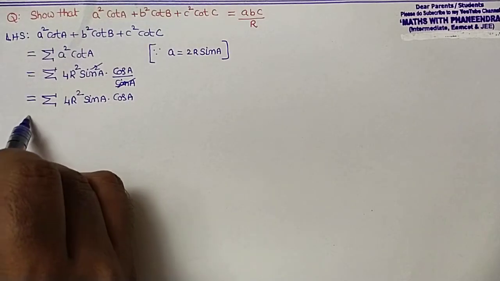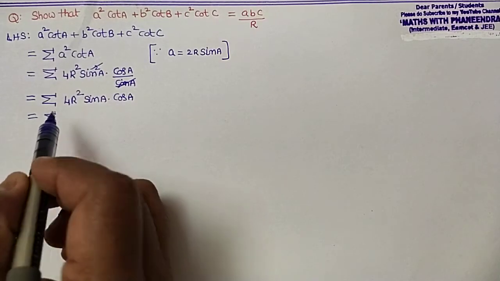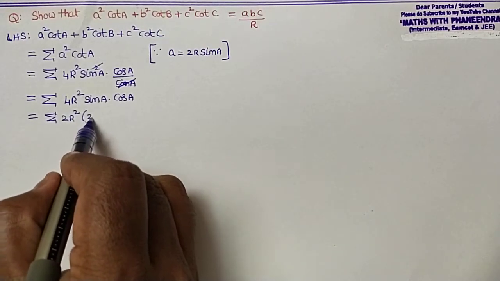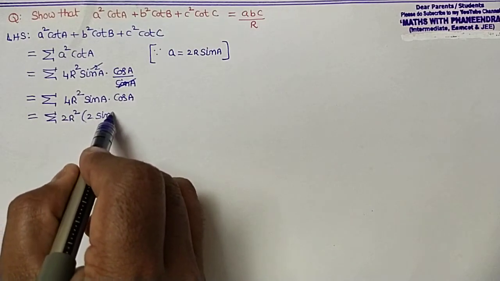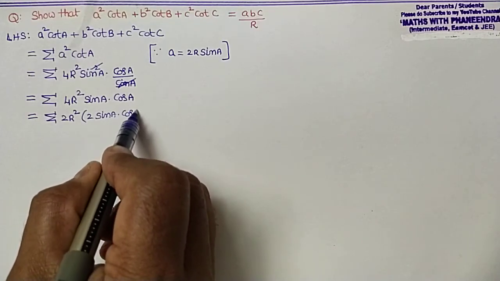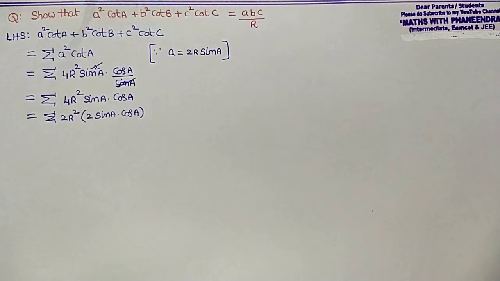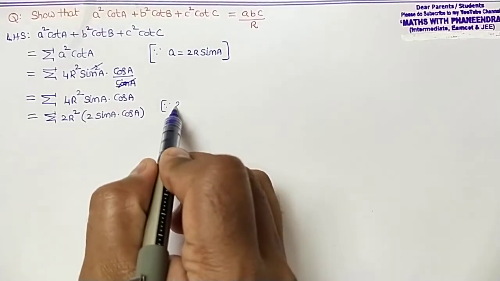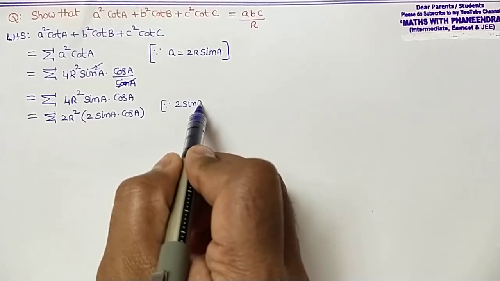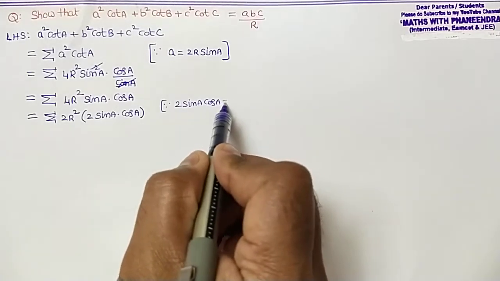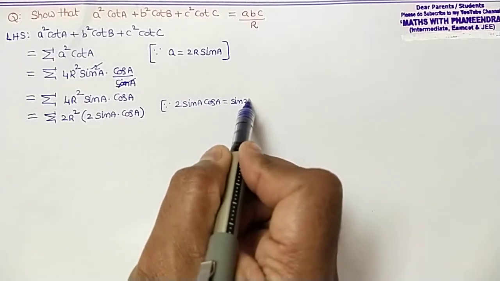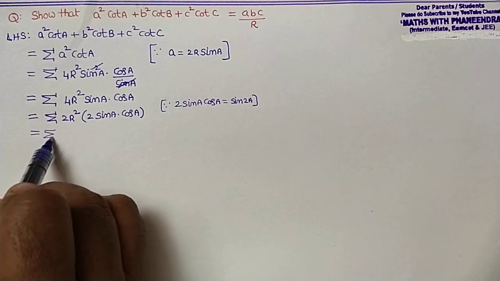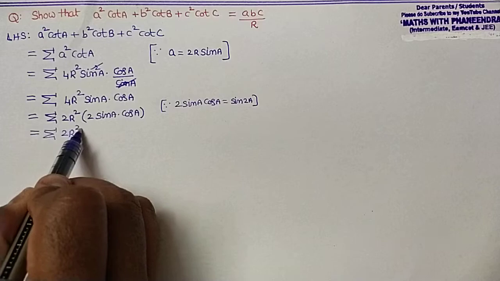So now sigma 2R square into 2 sin A cos A. 2 sin A cos A is the formula for sin 2A, no? Since 2 sin A cos A equal to sin 2A. Now sigma 2R square into sin 2A.